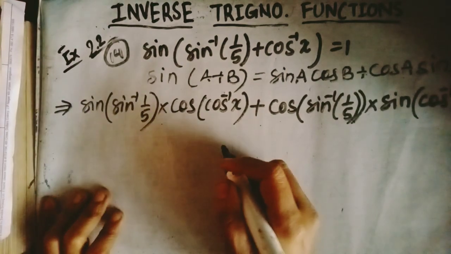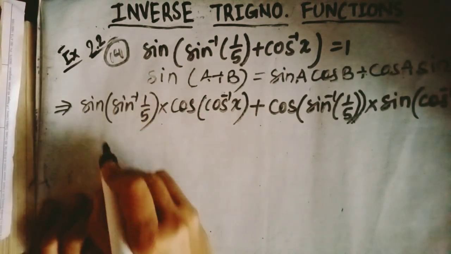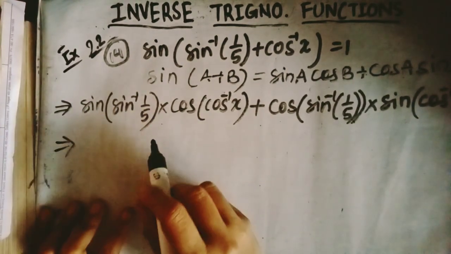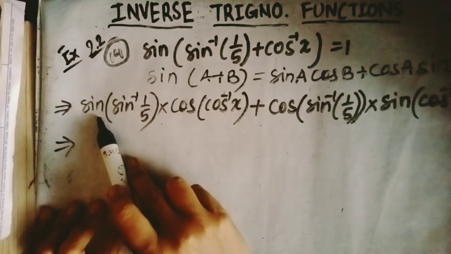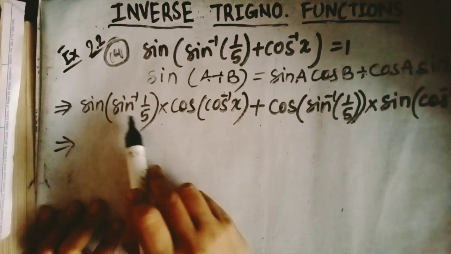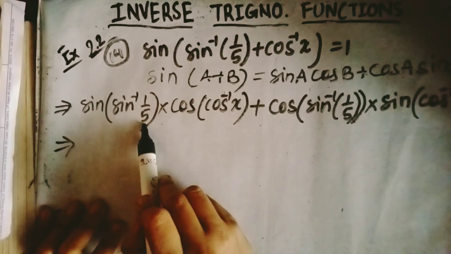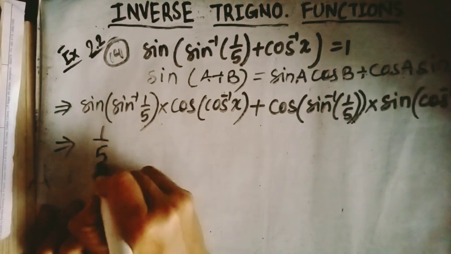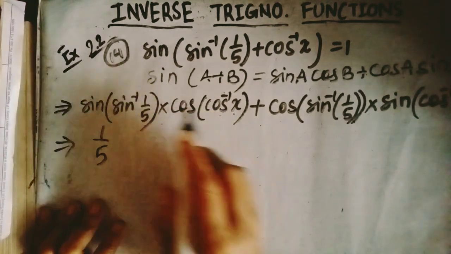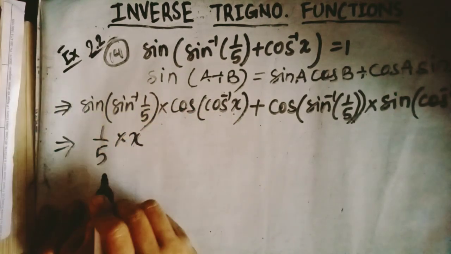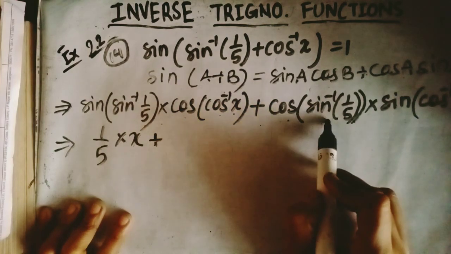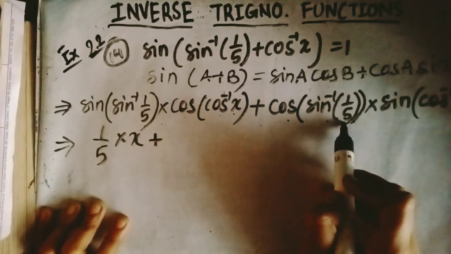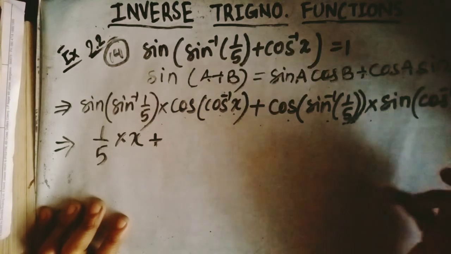Okay. So using the property, this will be sine of sine inverse of 1 by 5, you can write 1 by 5. Cos of cos inverse of x, you can write x, plus cos of sine inverse of 1 by 5 and sine of cos inverse of x.